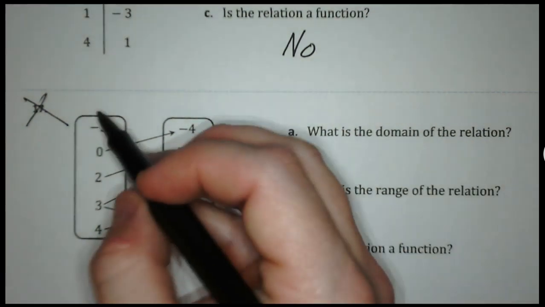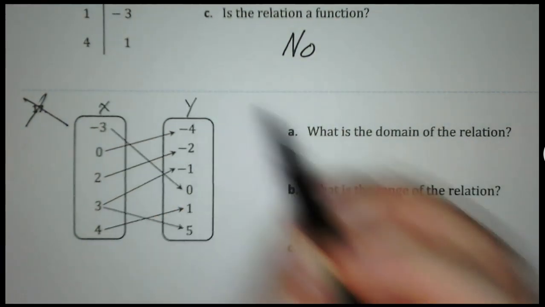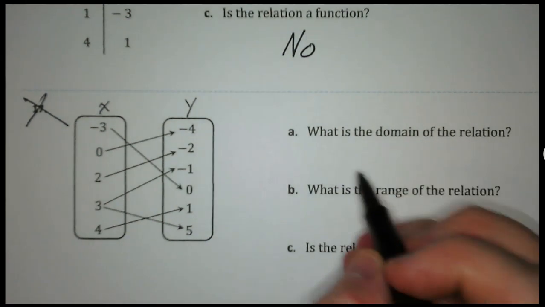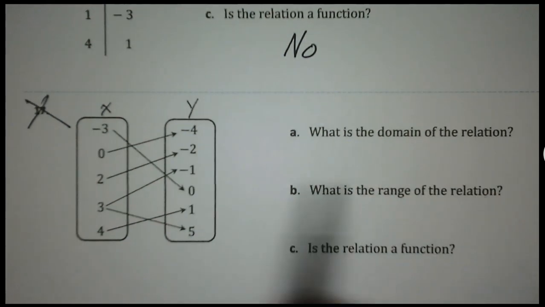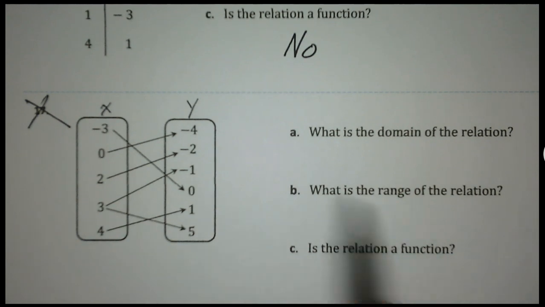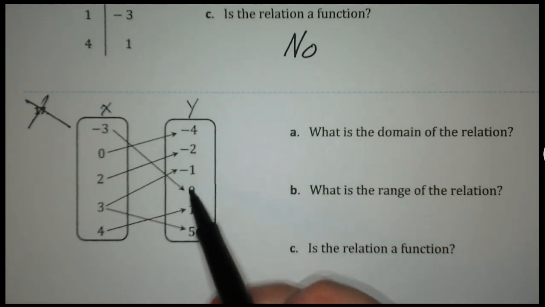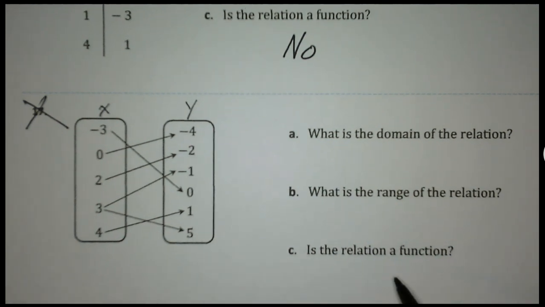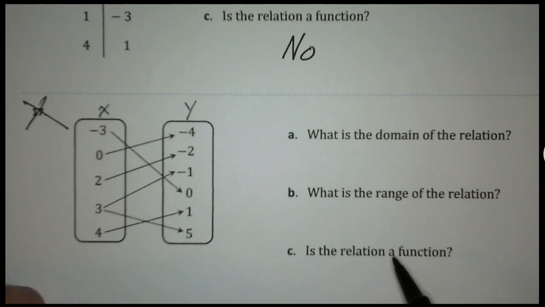The domain, so all the x's are over here and all the y's are over there. The domain would have just been -3, 0, 2, 3, and 4. And the range would have been -4, -2, -1, 0, 1, and 5. And is this relation a function?